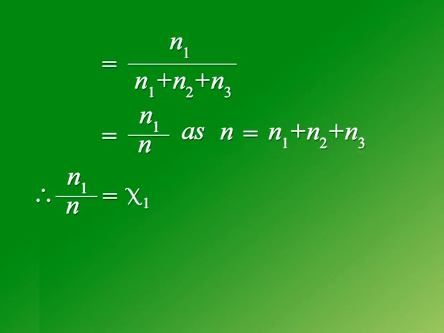N is the total number of moles. N1 divided by N is equal to chi1. Chi1 is called the mole fraction of the first gas.